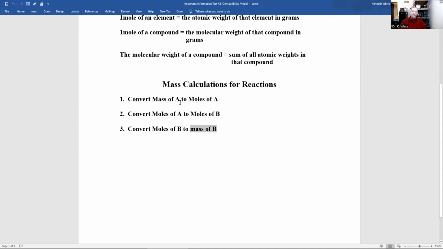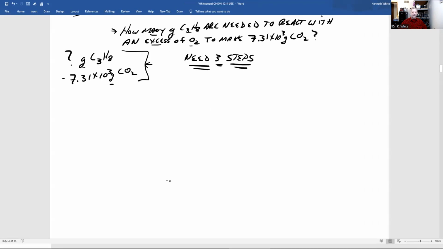A is whatever you're given in weight. That's the compound. What's B? Whatever you're trying to go to. So let's take a look at our problem. So we need 3 steps.